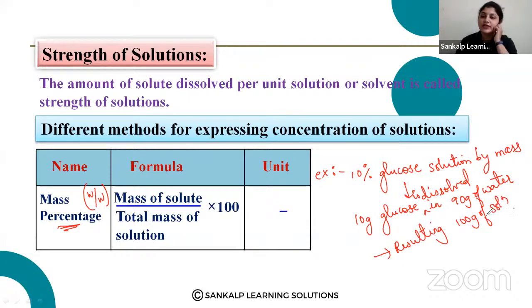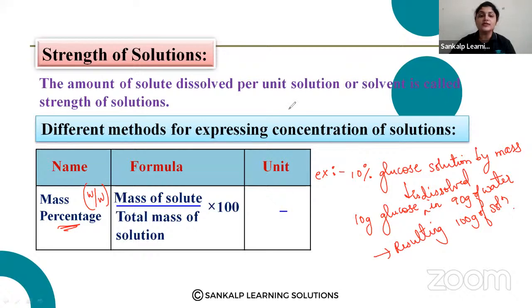Understood? So 10% glucose solution means out of 100, 10 grams will be your glucose, and the remaining 90 grams will be your water.